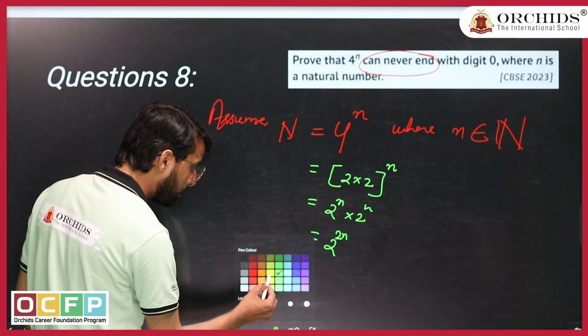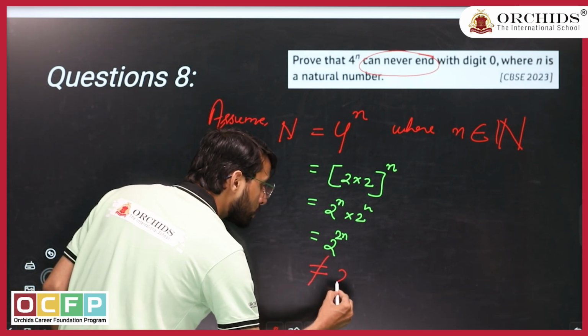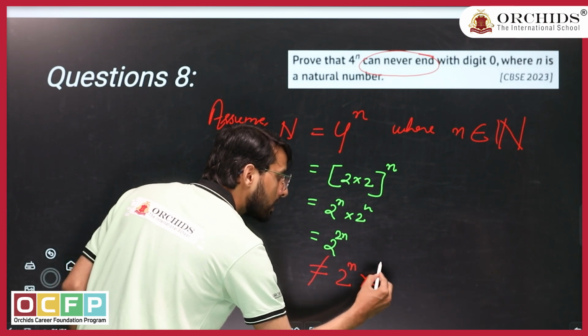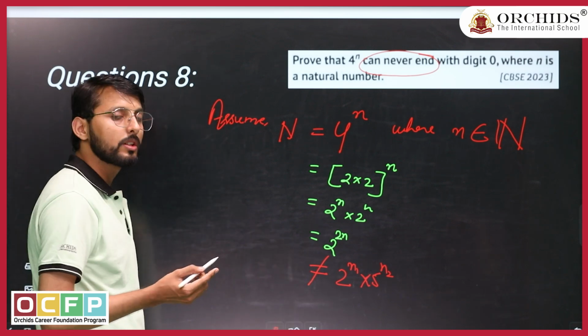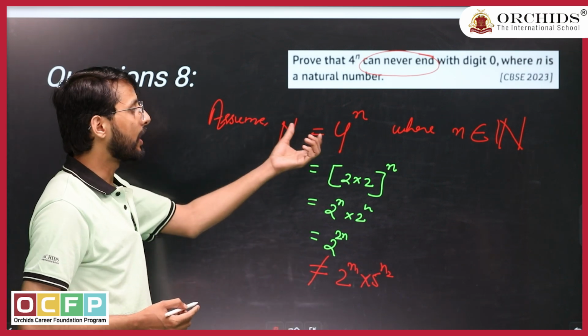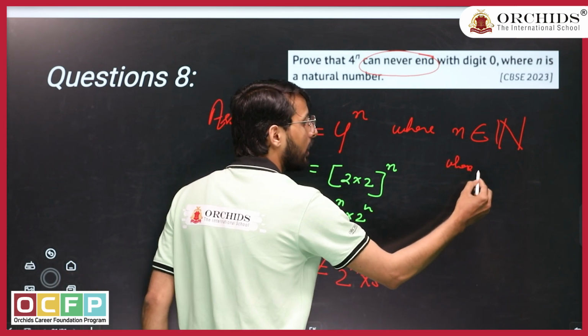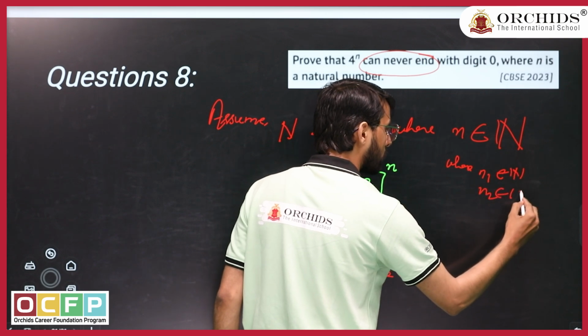Did we get any pair of 5? So 4 power n is not equal to 2 to the power n1 into 5 to the power n2, where n1 and n2 are just powers, natural numbers, so n1 belongs to natural numbers, n2 belongs to natural numbers.